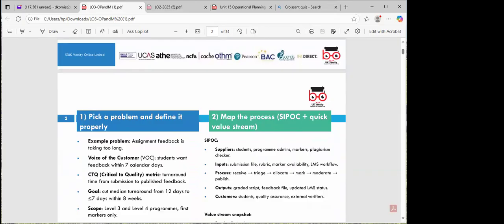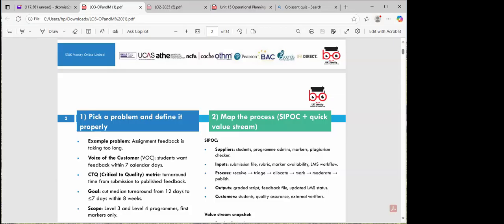You mean the Six Sigma? Yes. Did you read about the Six Sigma?